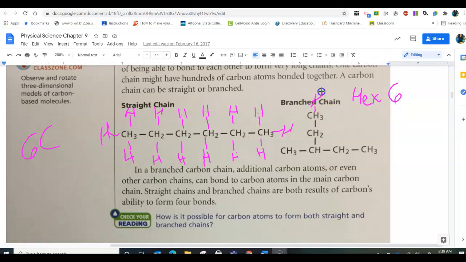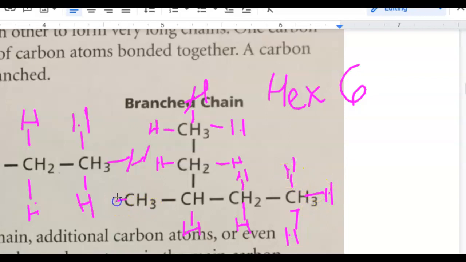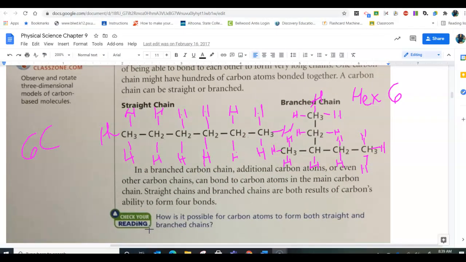So in this case, your hydrogens are here, here, one down here. I literally don't care how you draw these hexanes, but I find it's easier to see where the carbons are. So you have a branch chain here and a straight chain there.